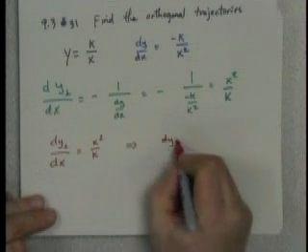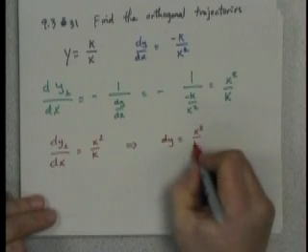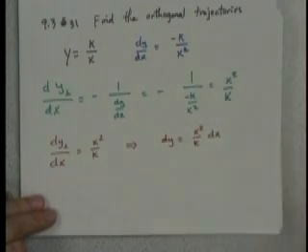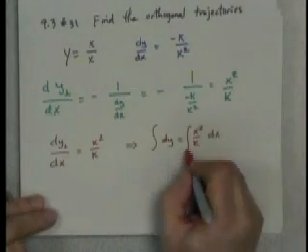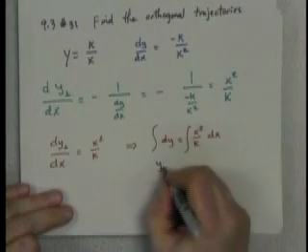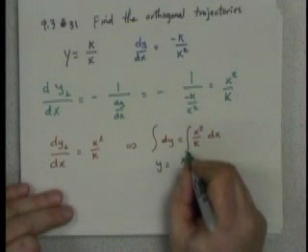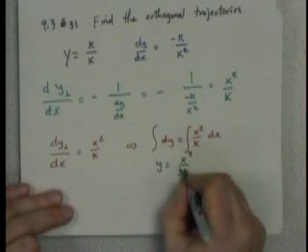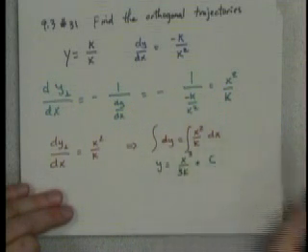So dy equals x squared over k dx. And then we're going to integrate both sides. So y equals x cubed over 3k plus some integration constant.